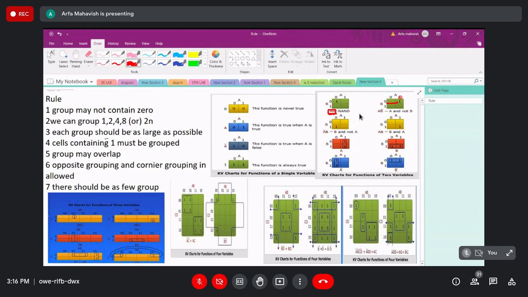Here the input and output value is matching. That's why we are writing the a as it is. Keep in mind, if the opposite values are there, then that time you are writing the b bar. Same here, look at how you are doing the b bar. If input and output value is not matching, that time you are writing the a bar over there.